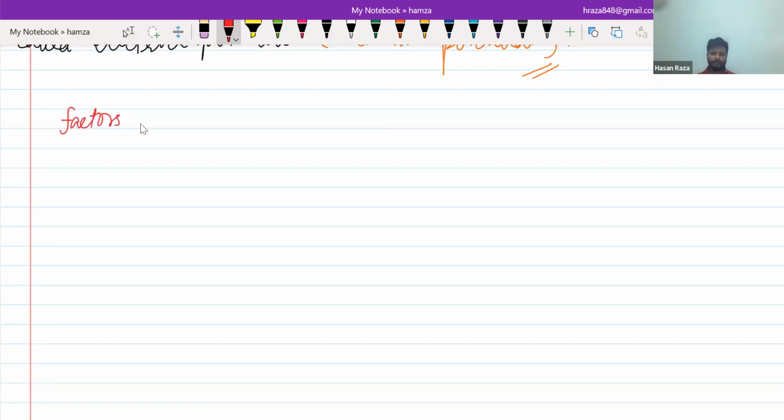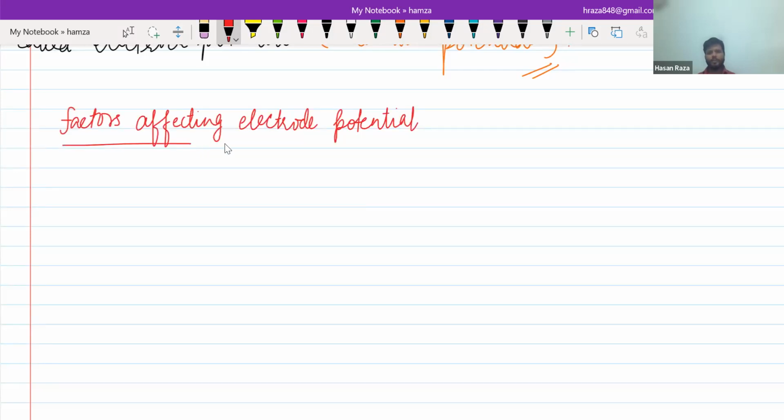Factors affecting electrode potential. On which factors basically electrode potential depends.